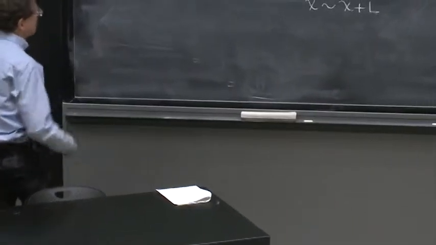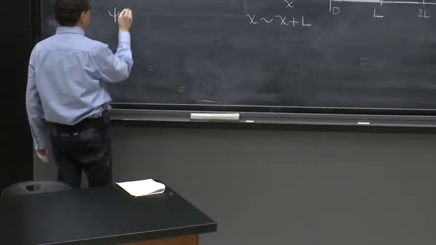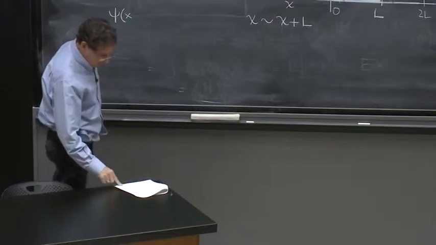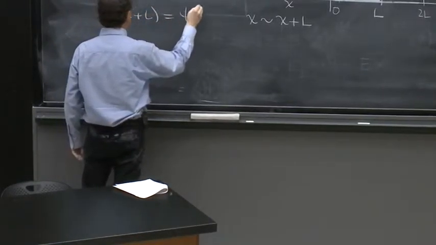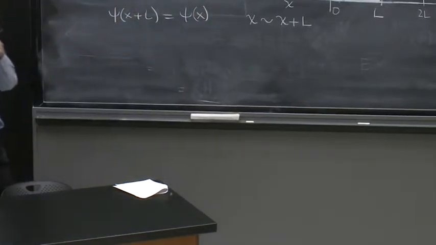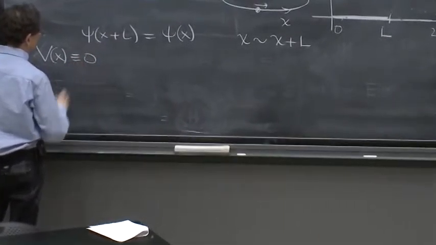So this implies that in order to solve for wave functions in a circle, we'll have to put that psi of x plus L is equal to psi of x. These are the same points. And we'll have zero potential, V of x equals 0. We'll make life simple.